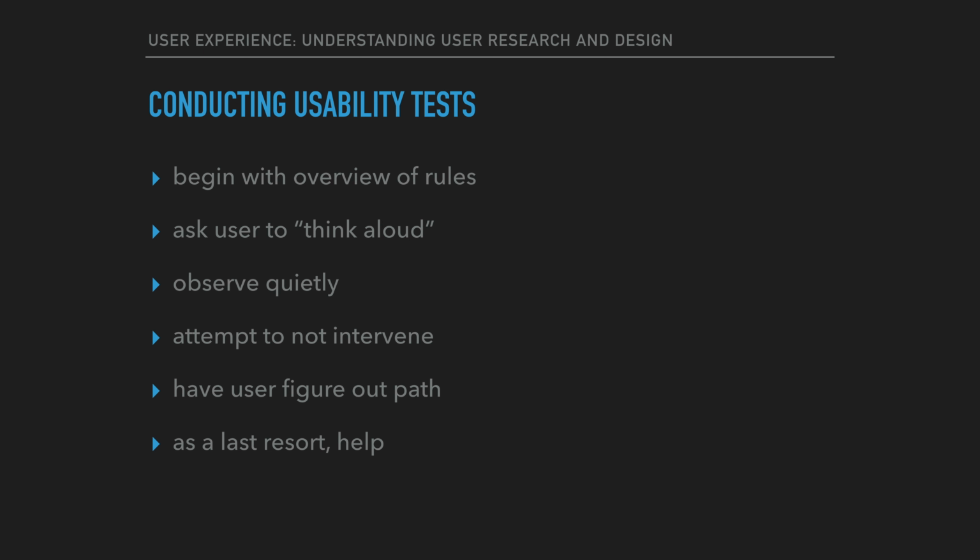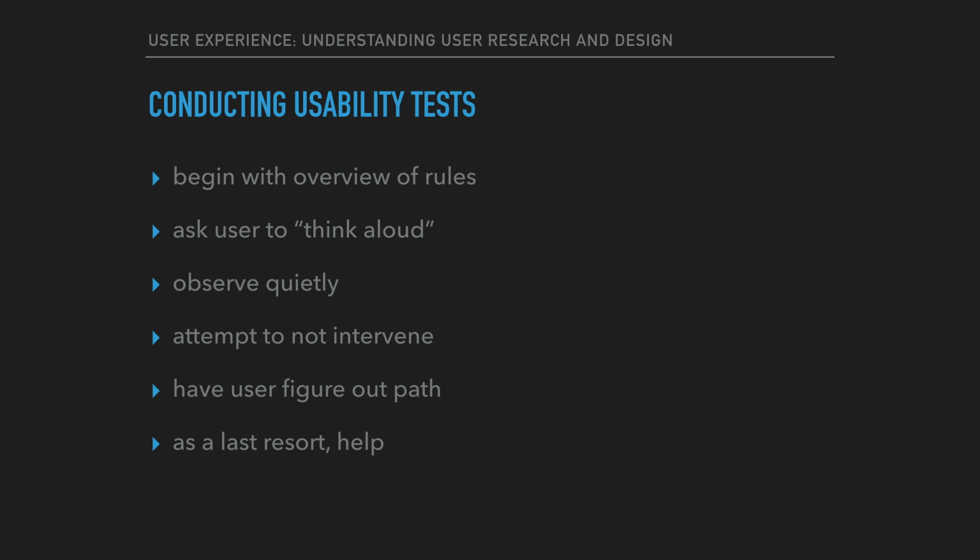Anything resembling an examination or a test can make some people uncomfortable or nervous. The UX practitioner should strive to create a calm and relaxing environment. To do this, the UX practitioner should converse with the user about the rules and expectations of the test session.